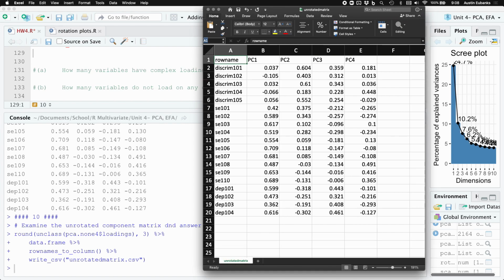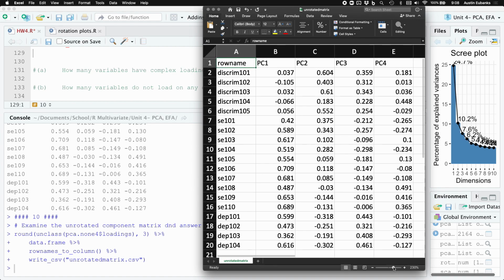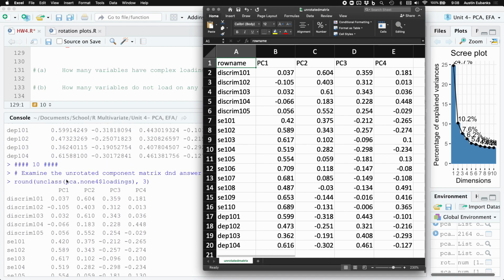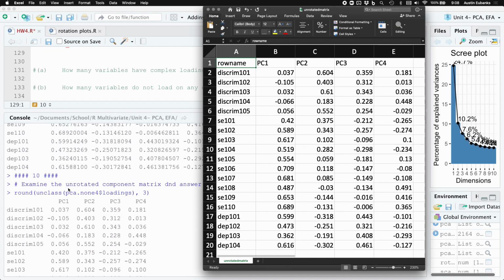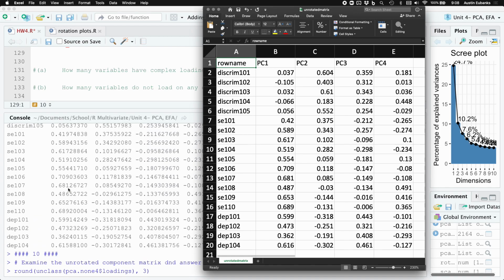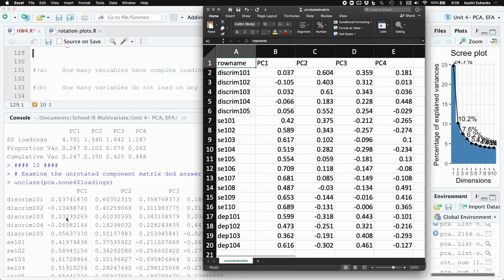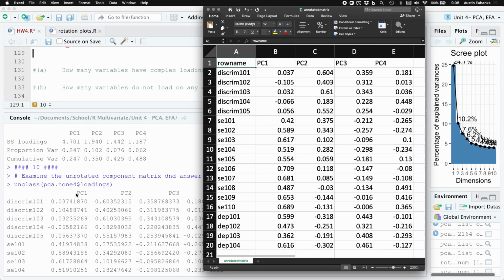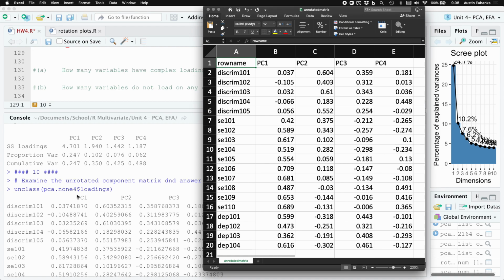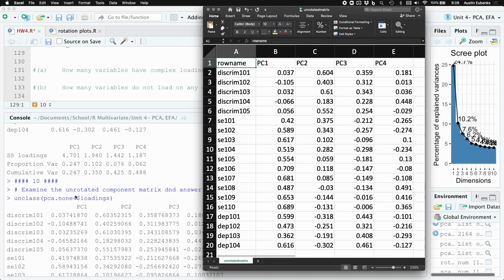Is it because of a rounding issue? Where are you getting 1s and 0s? For the, I guess, the loadings. If you just type in PCA none for $loadings. Yeah. Austin, where do I find my CSV? In your working directory.